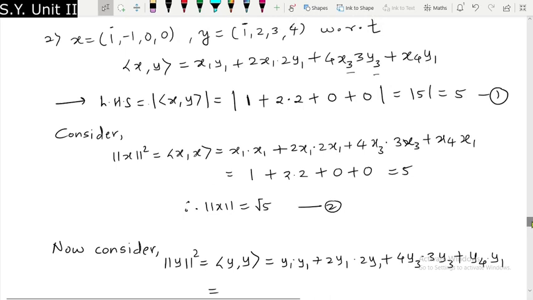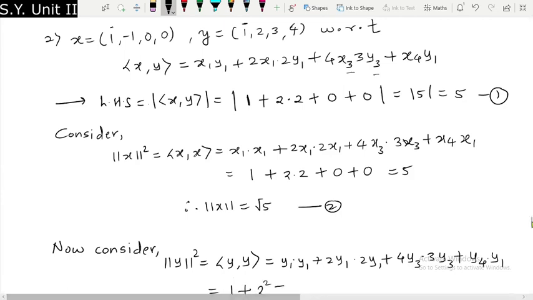So my y1 is 1 actually, so it is going to be 1 square, which is 1, plus y1 is 1, so 2 multiplied by 2 will be 2 square, plus my y3 is 3, so 4 multiplied by 3, that is 12, and 3 multiplied by 3, that is 9, plus y4 is 4 and y1 is 1, so it is 4 multiplied by 1.